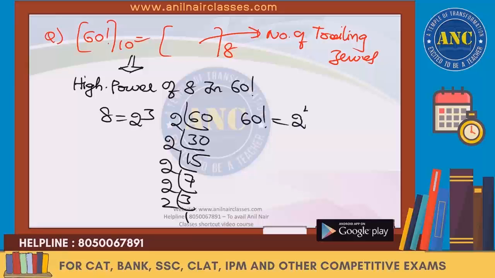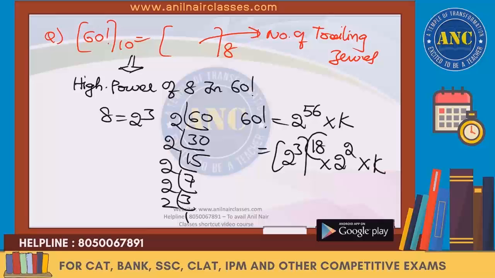So this is 2 power 56 into k. I want 2 power 3, so 2 power 3 power 18 into 2 square into k. So the answer for this question is 18. I hope it is clear. Everybody kindly reply in the live chat if this concept is clear to you. Is this concept clear to you?